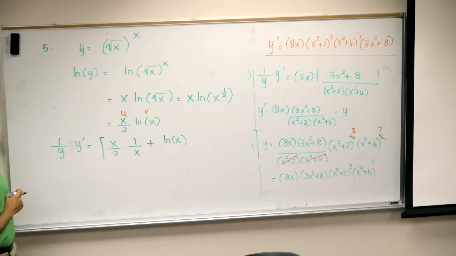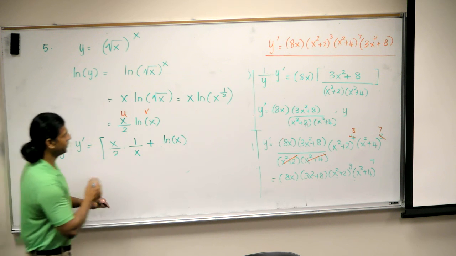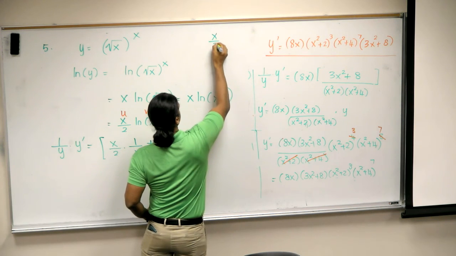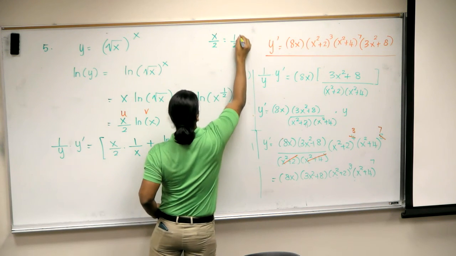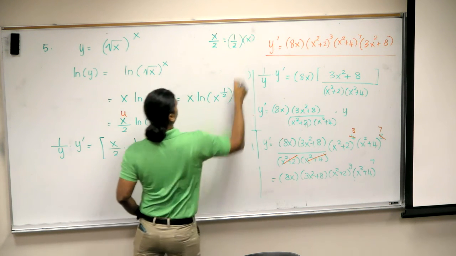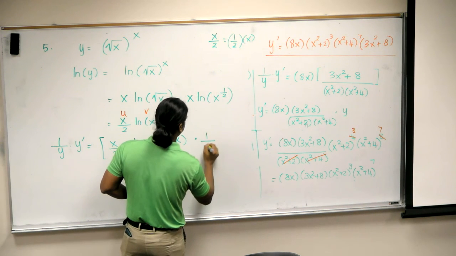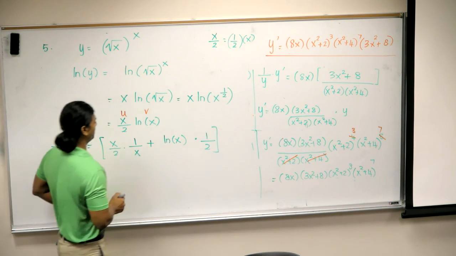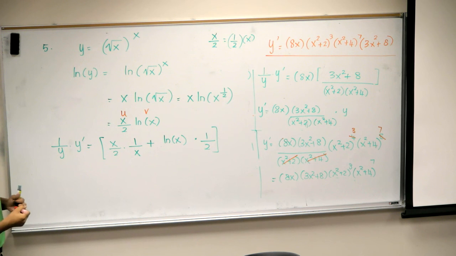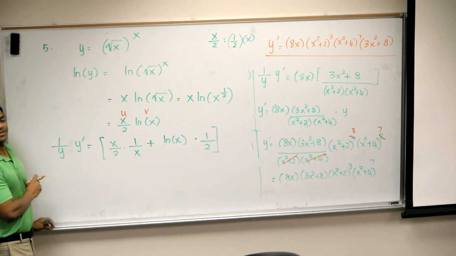Derivative of x over 2. What is the derivative of x over 2? x over 2 is the same as 1/2 times x. So 1/2. Good.